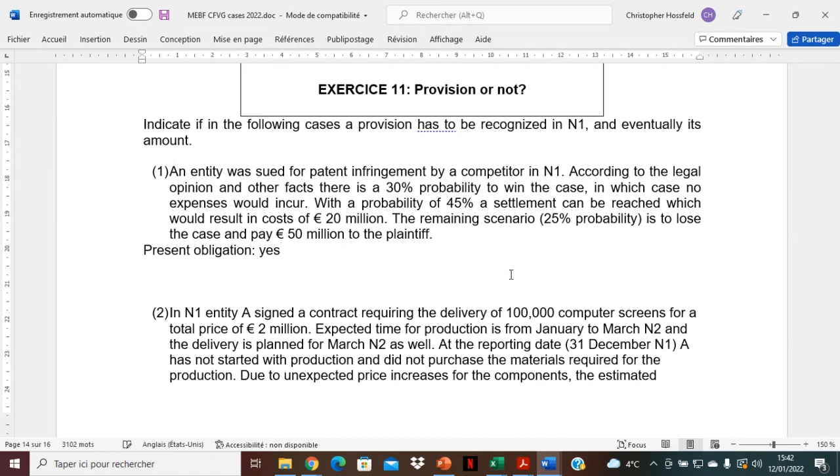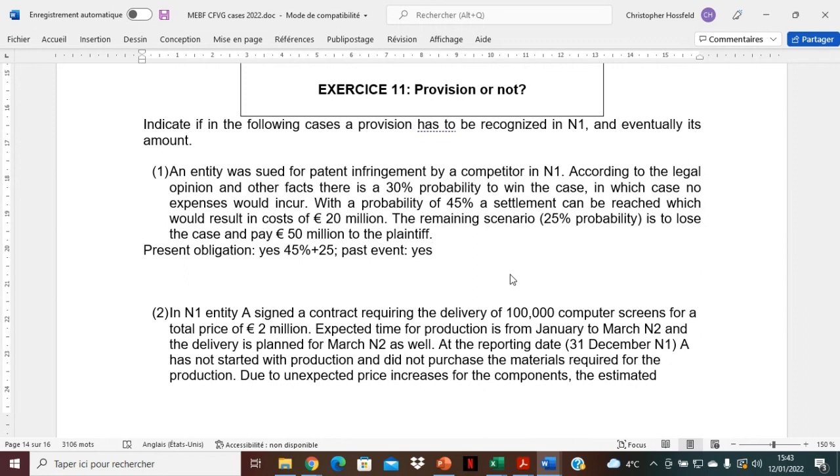Well, yes, because 45% probability that we pay something and 25% probability we lose. So it's very likely that one way or the other we have to pay something. So yes, okay. Is this obligation related to a past event? Well, yes.